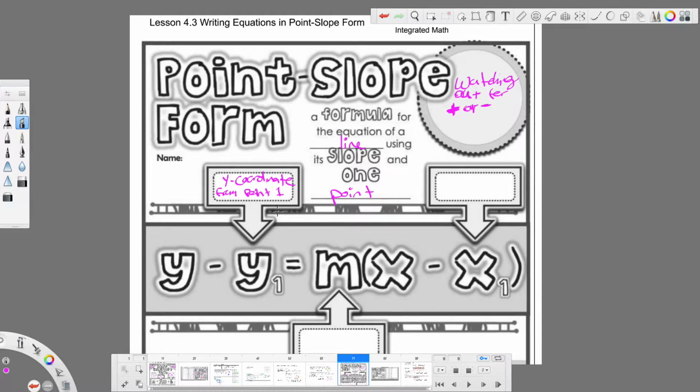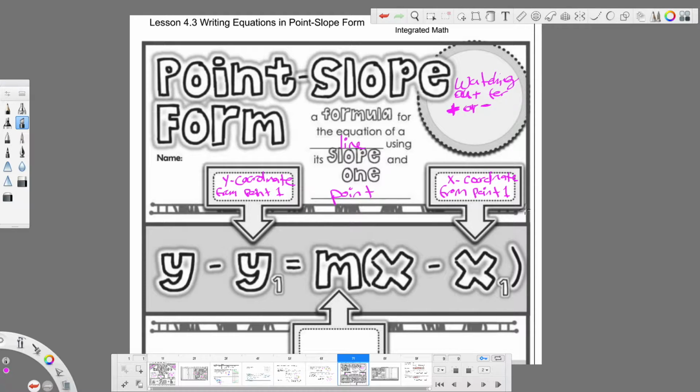Sometimes we are given more than 1 point and we have to find slope, just like we did in the last section, but we're focusing on point 1 here. So x coordinate from point 1.